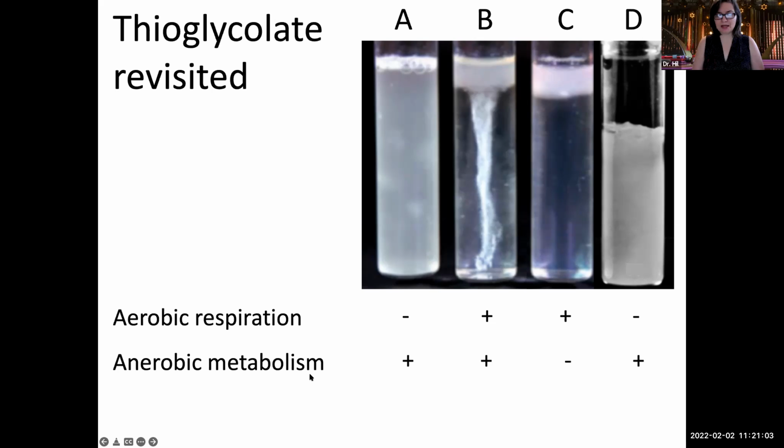Now, I'm using the word metabolism rather than respiration because metabolism encompasses all the possible ways that you can survive with no oxygen. If I was to ask you which of them can do fermentation, the only thing you can be sure of is that this guy does not. Why is it that we can't say for sure that these guys that are growing without oxygen are doing fermentation? Is there any other reason they could be surviving in these anaerobic environments if they were not doing fermentation?